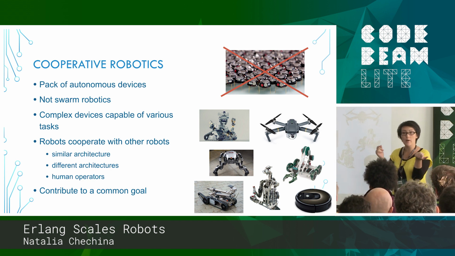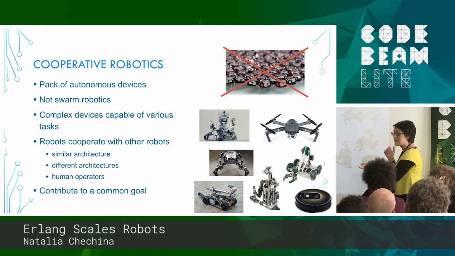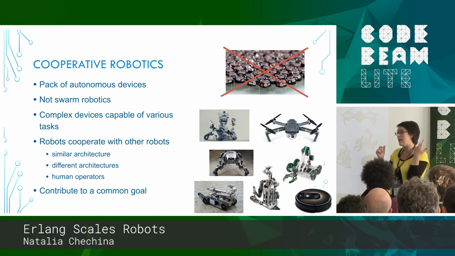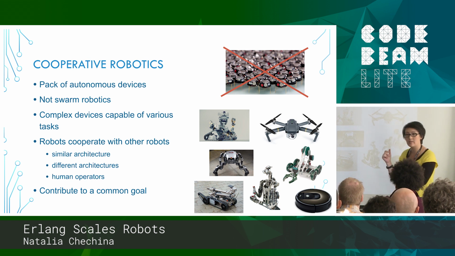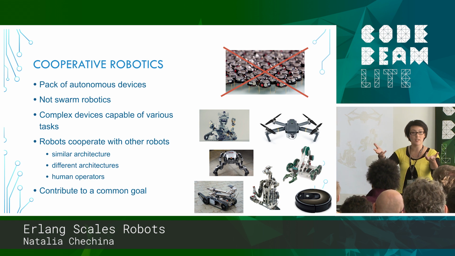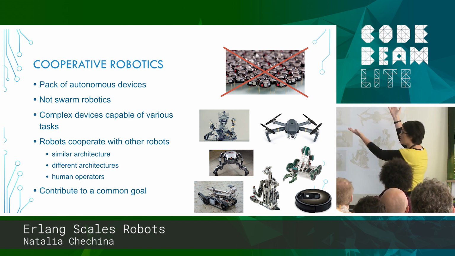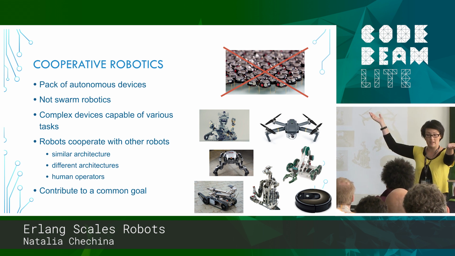They have lower power, quite limited computation resources, limited power resources, and a single robot is not just one single machine anymore. It's a collection of machines. So we see a robot and we think it's a drone, right? So it's like a PC, we can think of it as a PC.